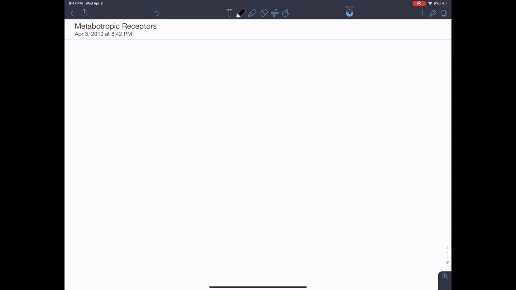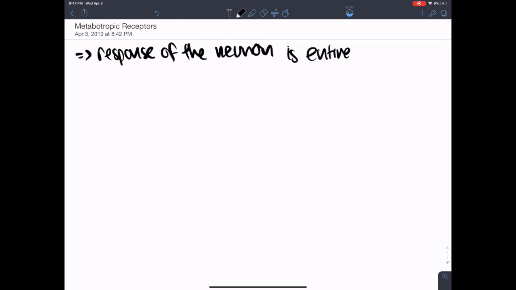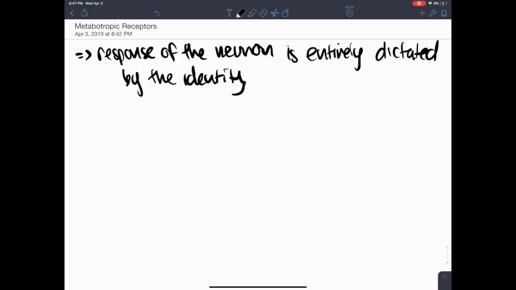So the first thing we want to talk about when we're talking about metabotropic receptors is the fact that the response of the receptor, or the response of the neuron, to binding of a ligand is entirely dictated by the identity of the alpha subunit of the heterotrimeric G protein complex.